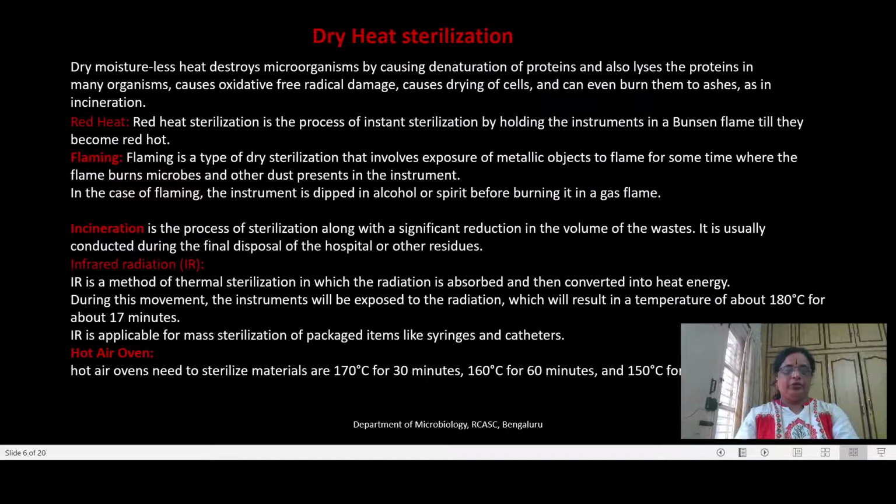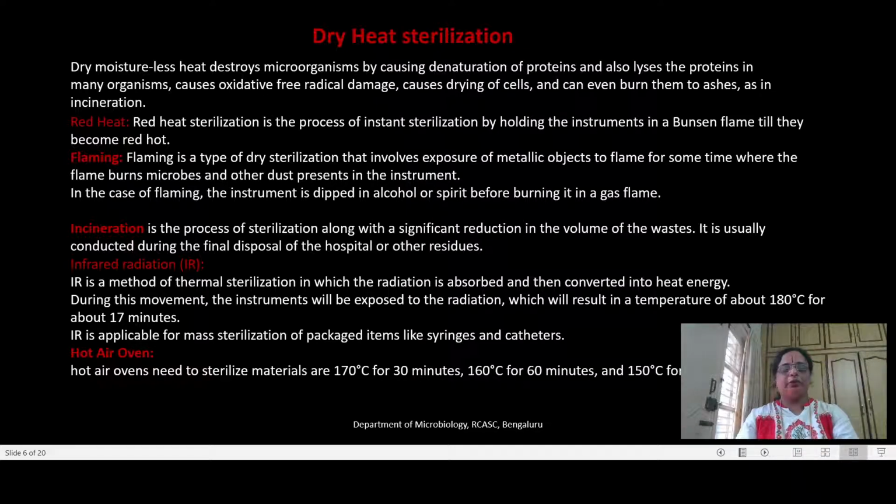Infrared radiation. This is also a method of thermal sterilization in which the radiation is absorbed by the object and then converted into heat energy. During this moment the instrument will be exposed to radiation, which will result in a temperature of about 180 degrees Celsius for about 17 minutes.